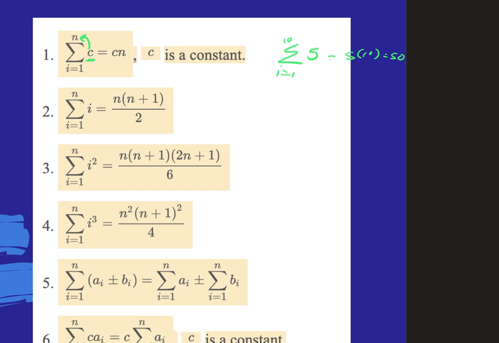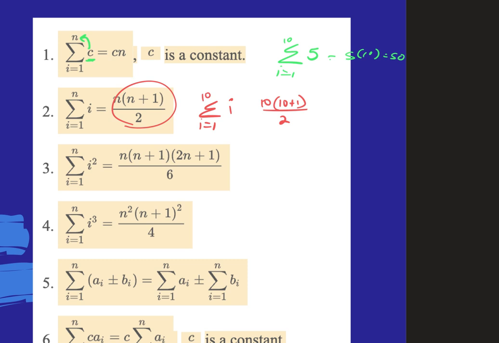If it's just a variable, so now let's say it said i equals 1 to 10, and this said i here, then I can use this formula: n, which is 10 in this case, times 10 plus 1, all over 2. And then I would simplify that.